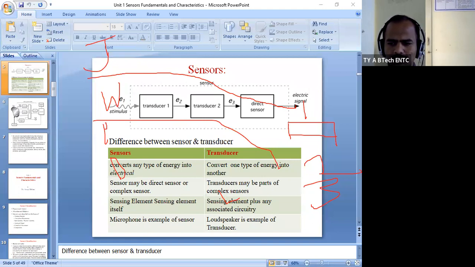Rahul Rajput, Abhishek Sate, Saguna Unale. If you are not responding, I will simply remove you guys. Are you there in the meeting?